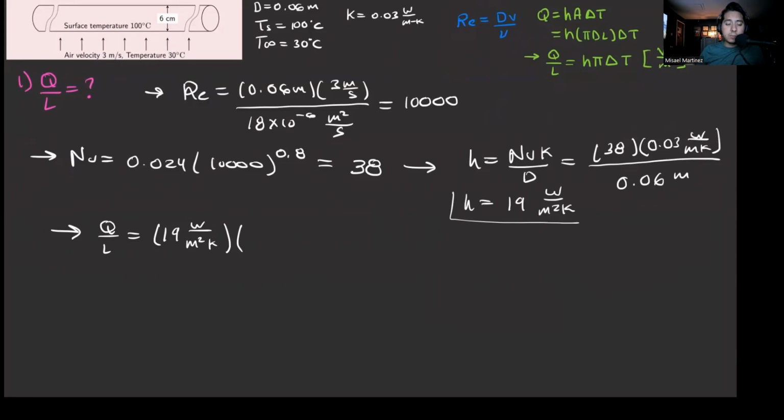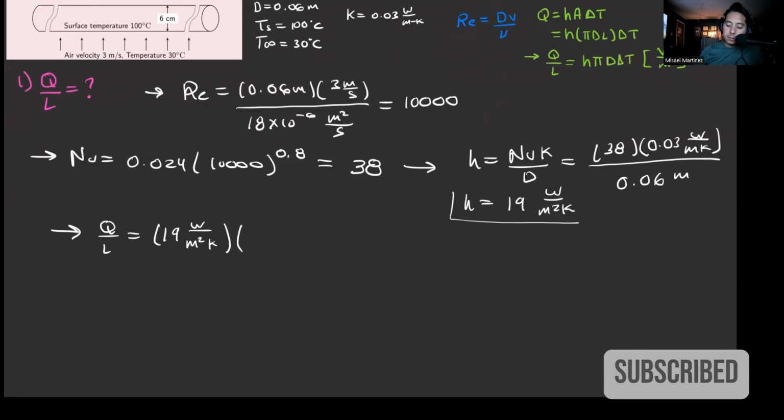Instead of the cross-sectional area, this is the surface area, which is pi d L. But because we're dividing by the length, we just multiply by pi times diameter. I forgot that one here. So pi d, and this will be times delta T. There we go.